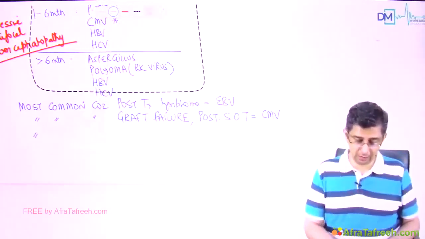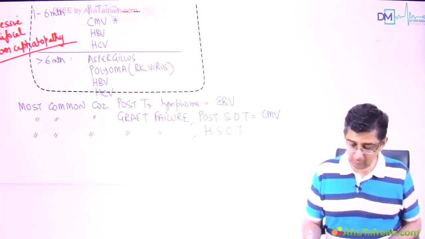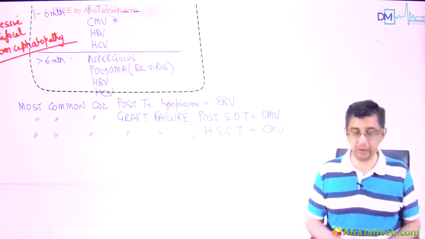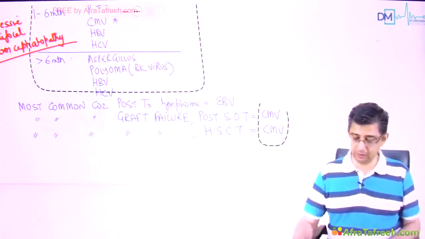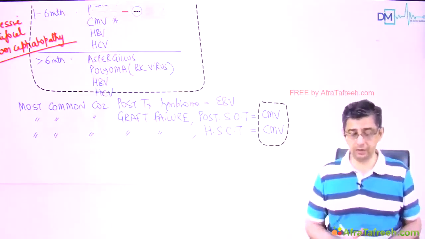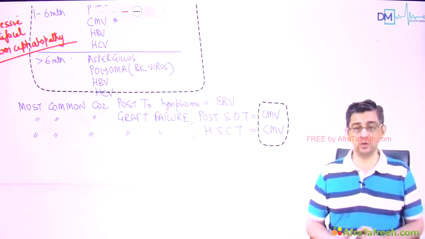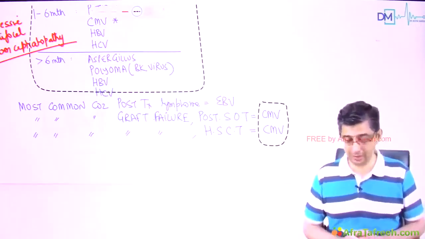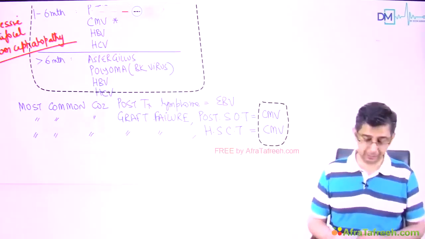However, if he says what is the leading cause of graft failure after hemopoietic stem cell transplantation, that is bone marrow transplantation, the answer is again cytomegalovirus. That is why we usually give prophylaxis with ganciclovir, so that we can minimize the risk of development of this graft failure. Otherwise, it's a disaster situation, as I said, that after all the hard work that you've done, you lose the patient for something as simple as infection which could have been effectively managed.